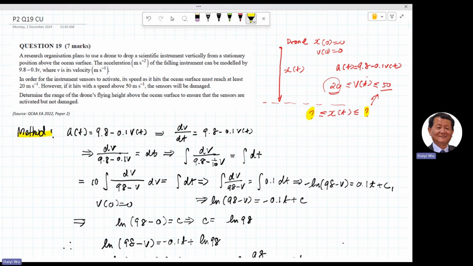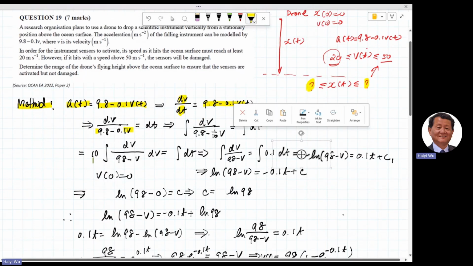All right, so let's do method number 1. I'm going to use the a in relation to time, so that's the formula we got. Because a is dv dt, the derivative of the velocity with respect to time. Then move that one to the left and simplify.